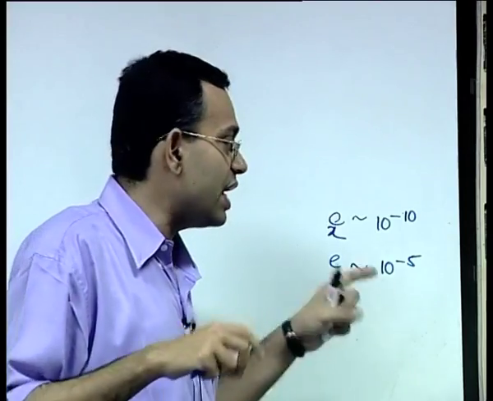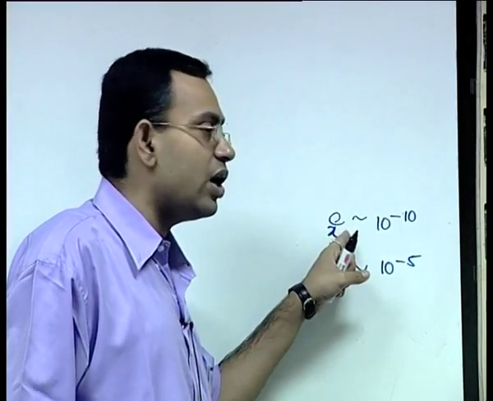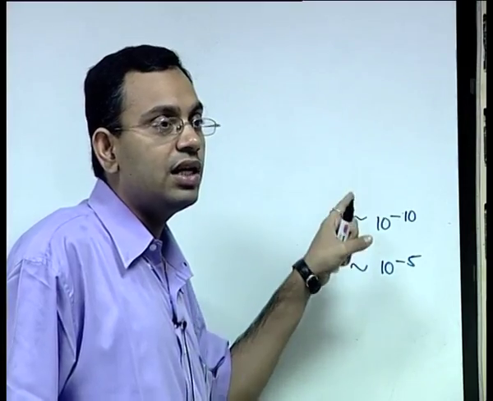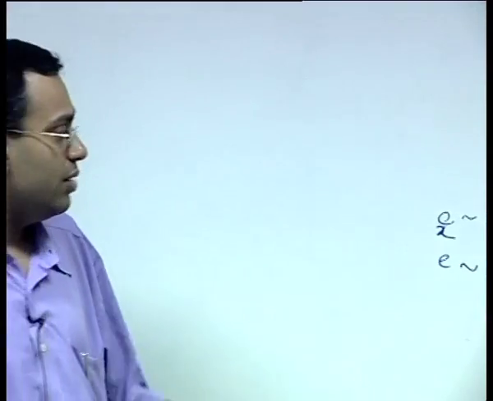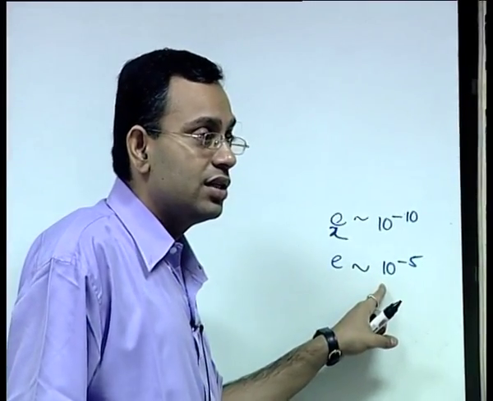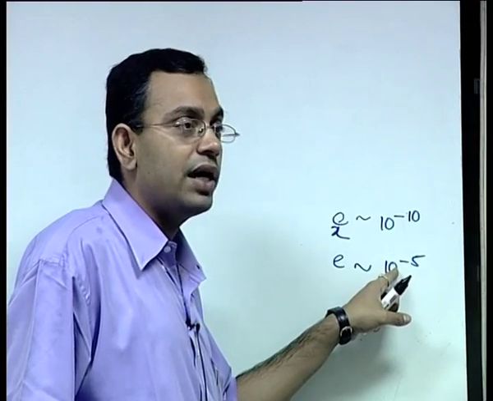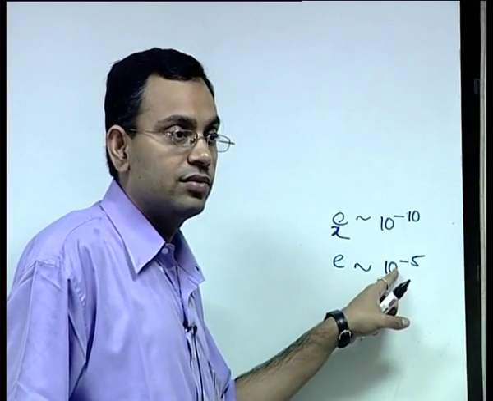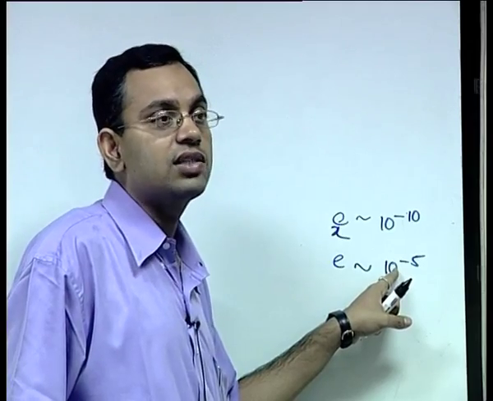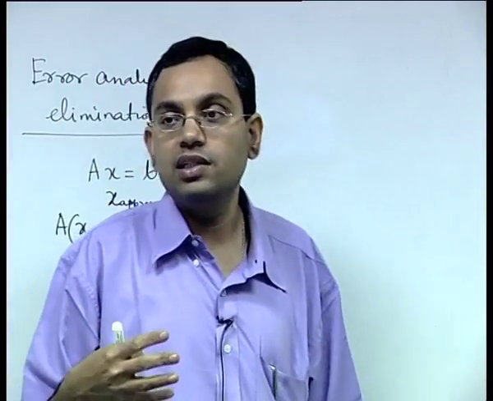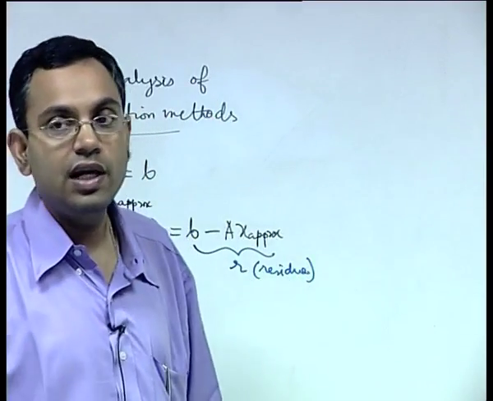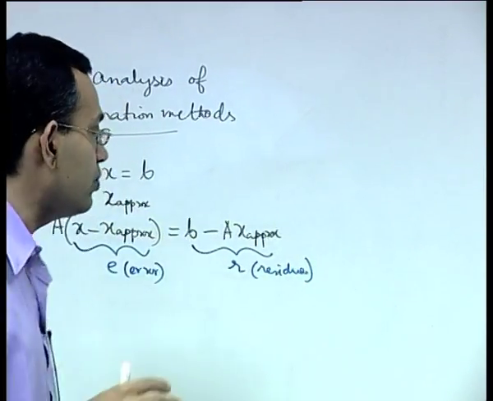So what is your x? If x is of the order of 10 to the power minus 10, definitely e of the order of 10 to the power minus 10 is not negligible. If x is of the order of 1, then e of the order of 10 to the power minus 5 may still be negligible. So what is negligible or not depends on the magnitude of the number itself for which you are estimating the error. That is the first thing that we have to keep in mind.